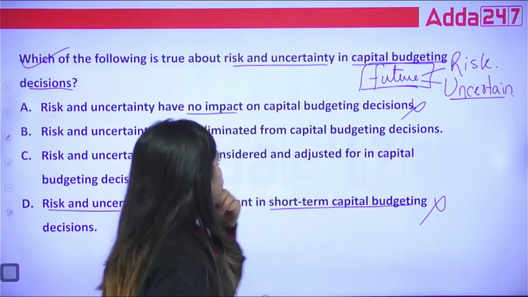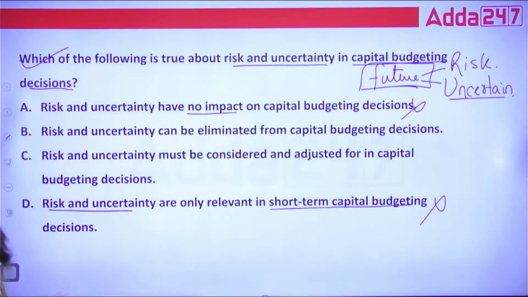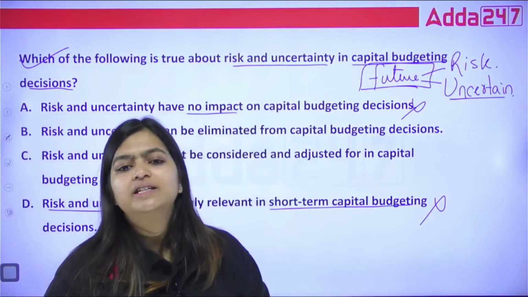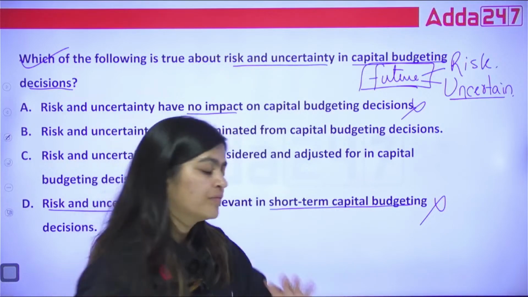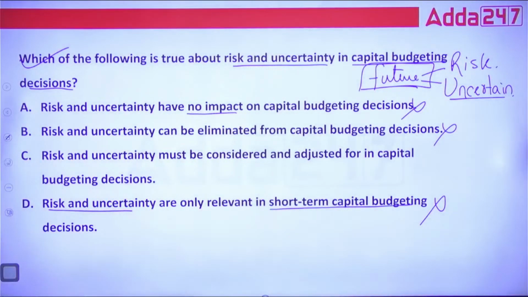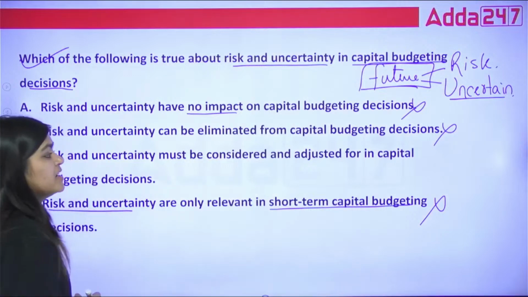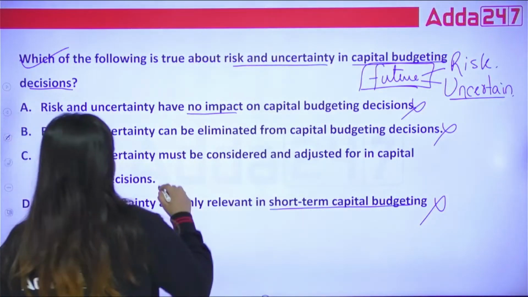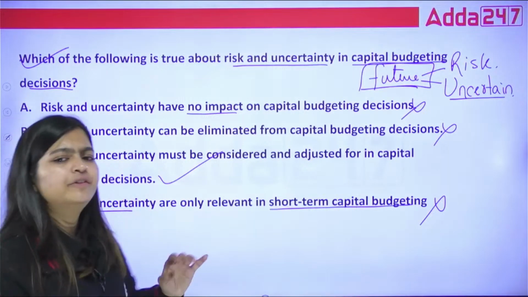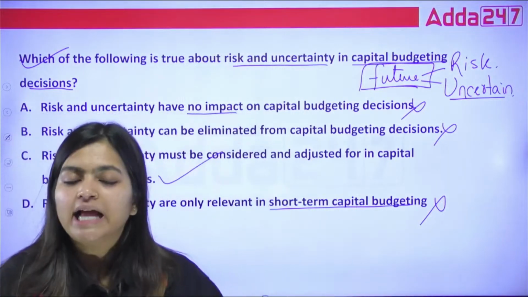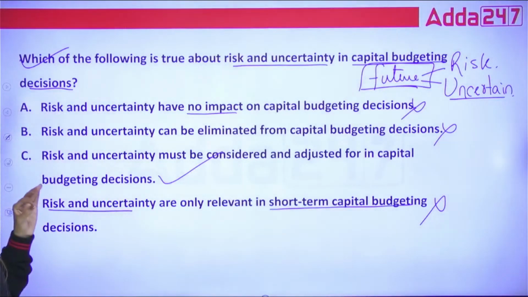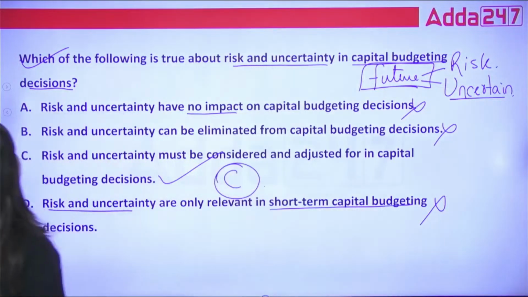So the first option is wrong. Second, risk and uncertainty can be eliminated. No one can eliminate risk and uncertainty. Next, risk and uncertainty must be considered and adjusted for in capital budgeting decisions, and that is true. Though risk you can calculate with many methods and uncertainty no one can calculate, we still need to make some adjustments. So the correct answer of this question is option C.